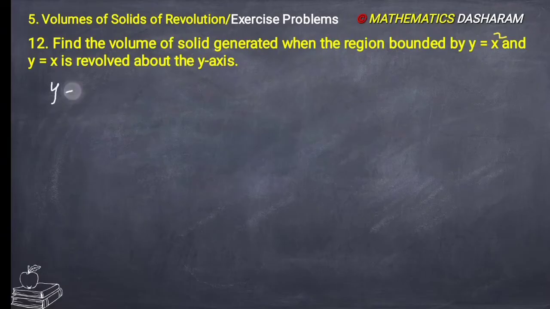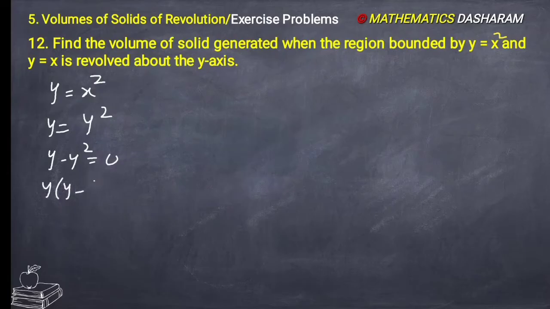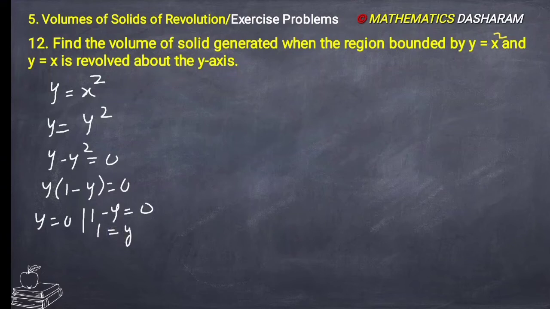The first curve is y equals x squared; in the place of x we can substitute from the second curve, that is y. So now y minus y squared equals 0, y common, 1 minus y equals 0. y equals 0 is one answer, 1 minus y equals 0 is the second answer, 1 equals y.